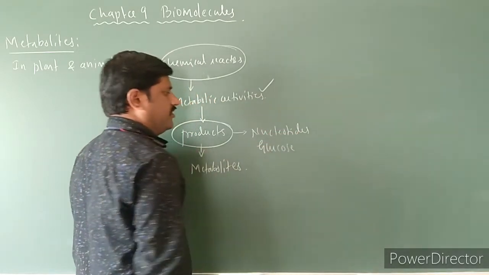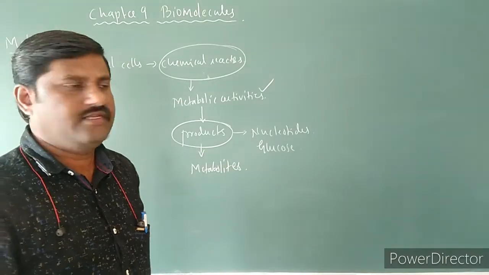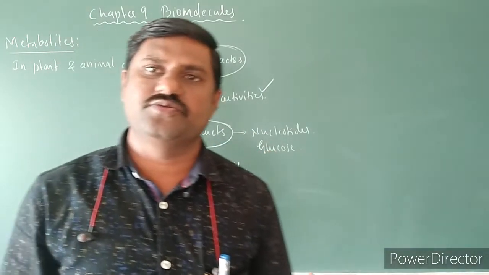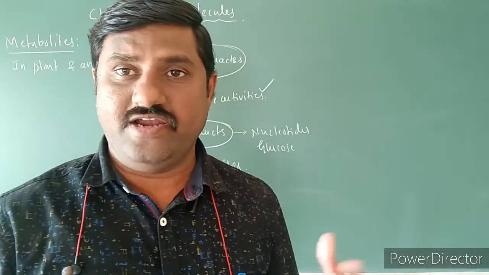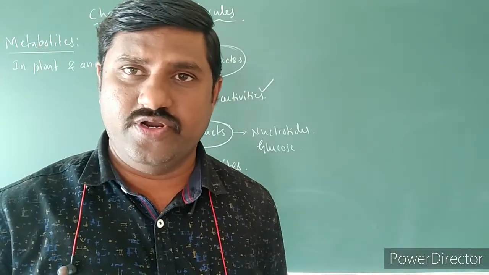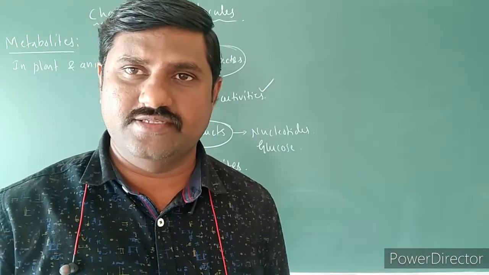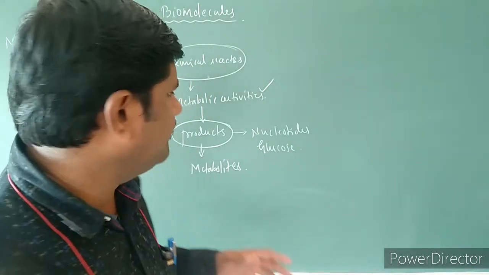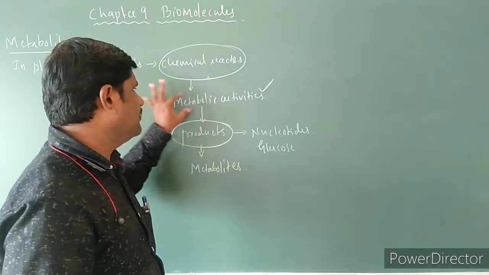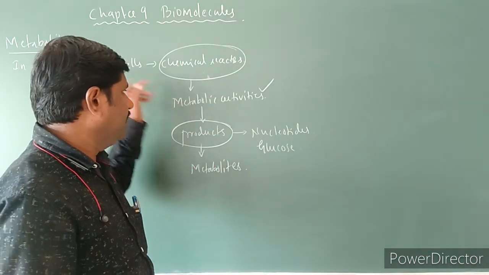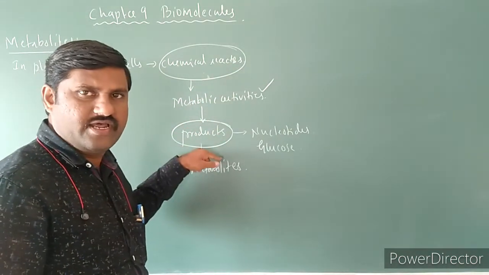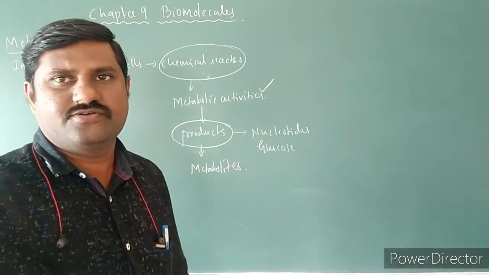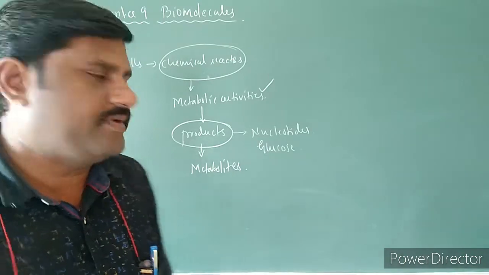Glucose is commonly produced over here, and many such products, fats are produced. Many carbohydrates, fats, proteins, all these are the things that are produced as a result of normal chemical reactions called metabolic activities in both animal as well as plants, and those are called metabolites.